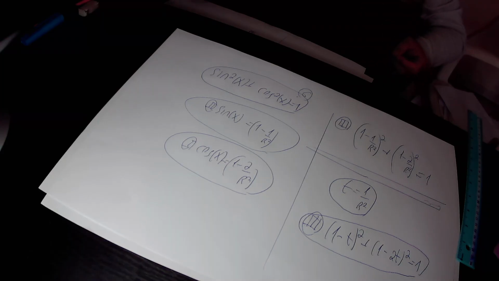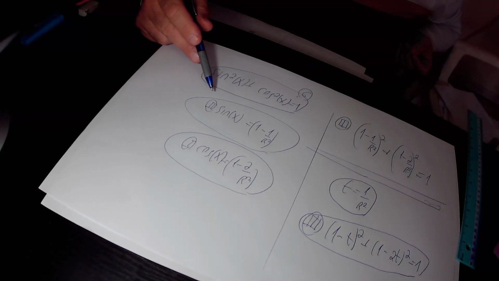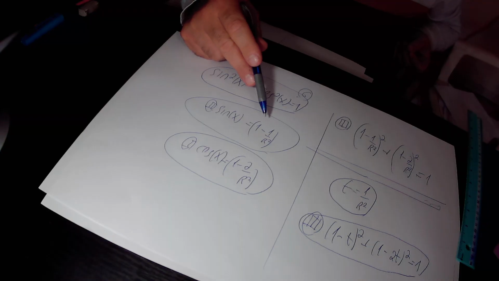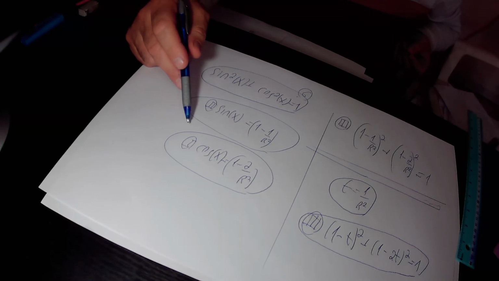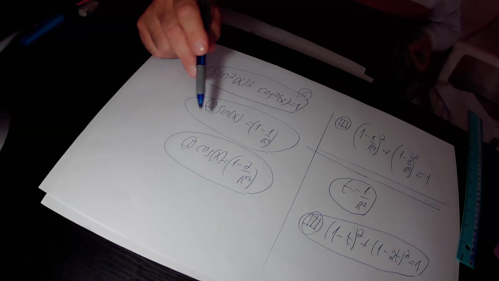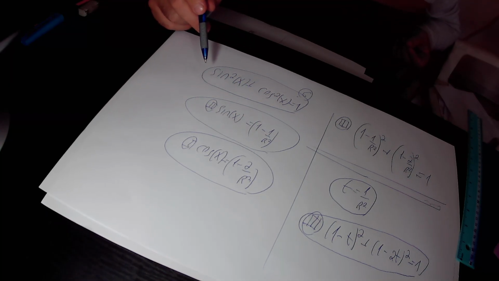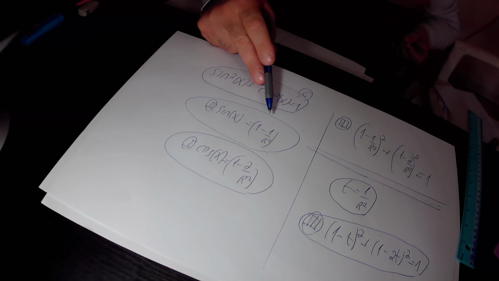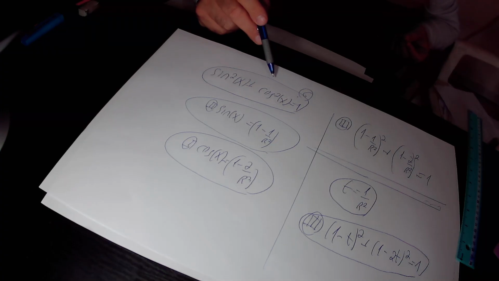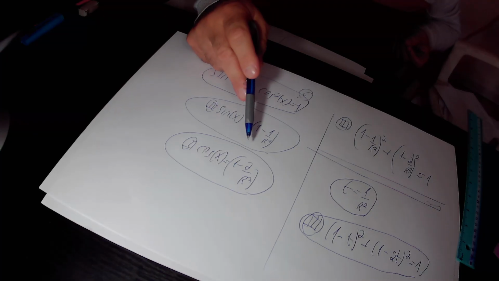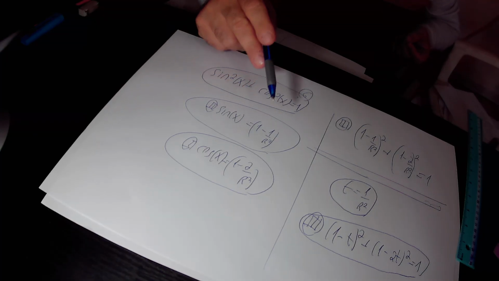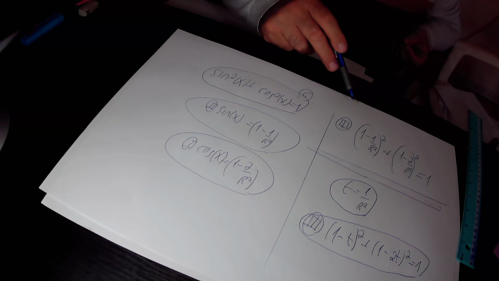We have already found that according to equation 2, sin x equals 1 − 1/r², and according to equation 1, cos x equals 1 − 2/r². Now we can substitute sin x in this identity by 1 − 1/r², and cos x by 1 − 2/r². In this way we created equation 3.